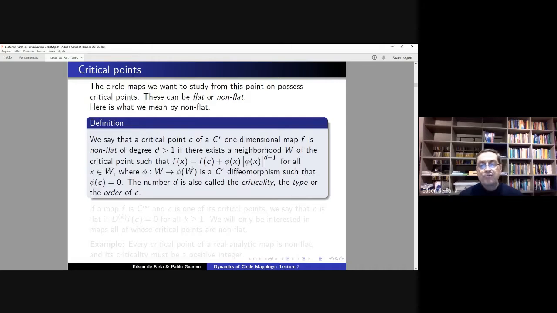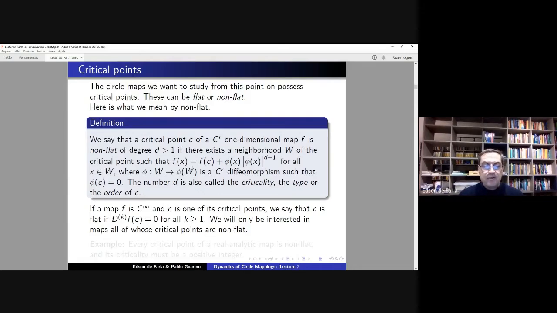Well, I should also say that in principle, it's not necessary to assume that d is an integer, okay? The study of circle maps makes perfect sense with more generality than just maps with integral criticalities.